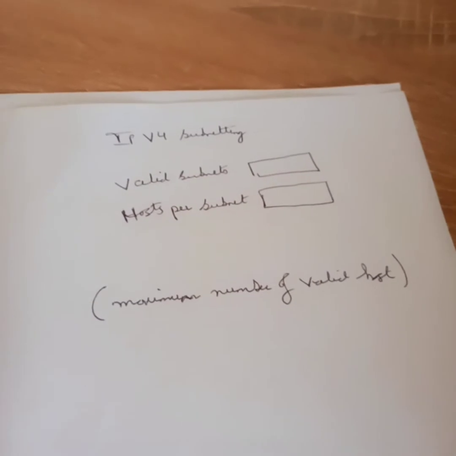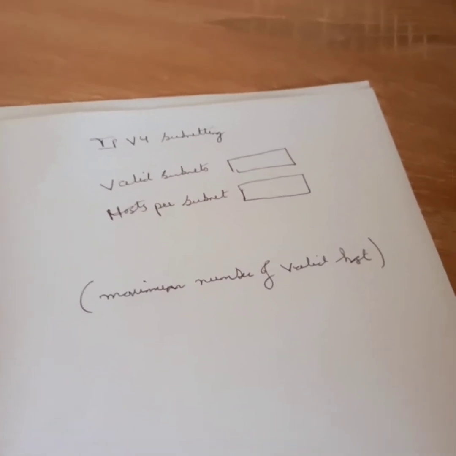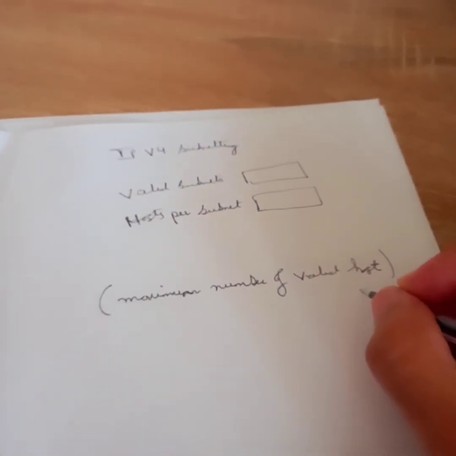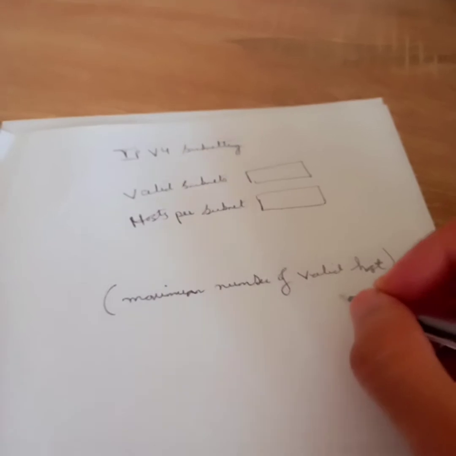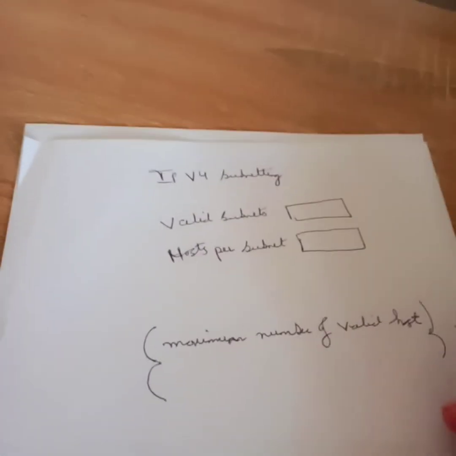Right, maximum number of valid hosts, and the other thing was usable hosts per subnet. I'm going to create my own nice bracket.